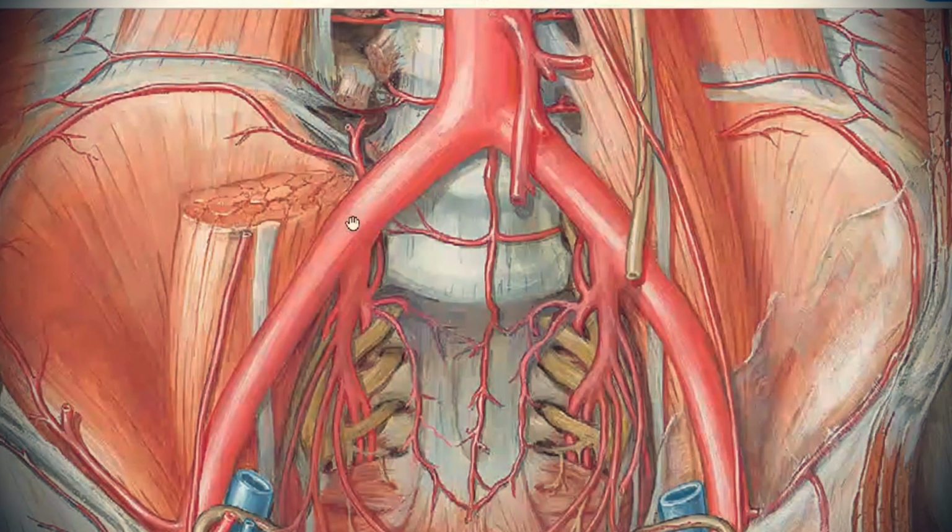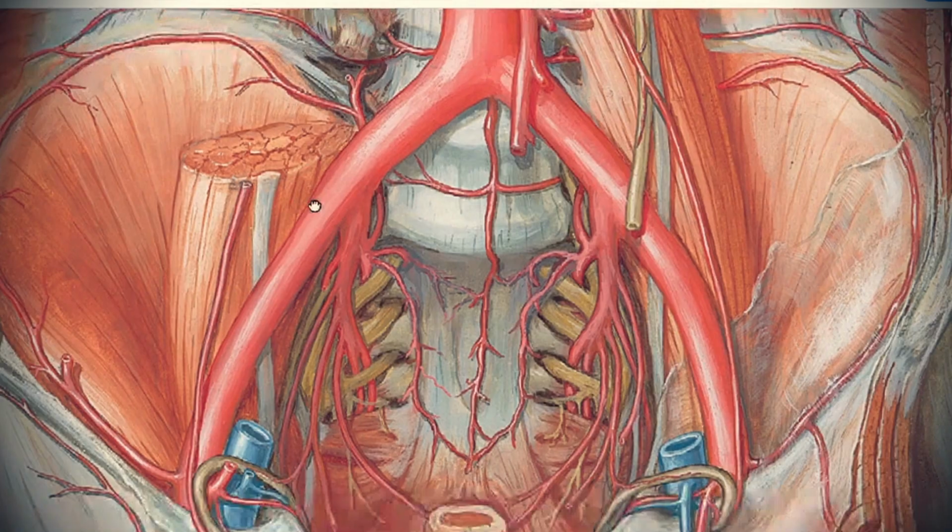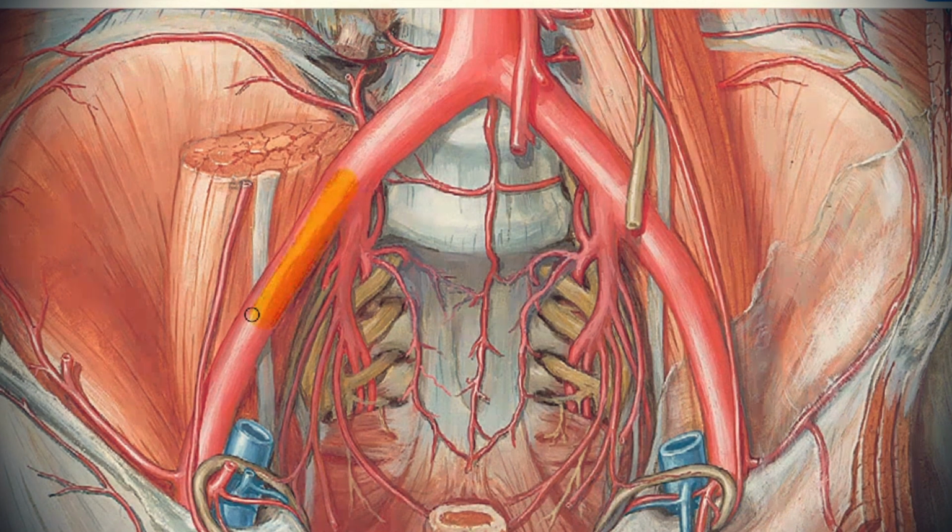They go to the sides and on the level of sacroiliac joint, here articulatio sacroiliaca, it divides on two vessels, on external and internal iliac arteries, arteria iliaca externa and arteria iliaca interna.